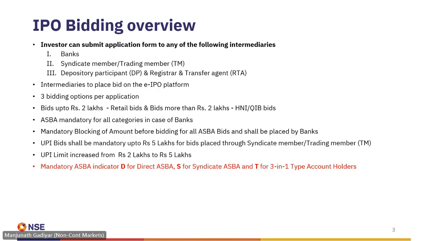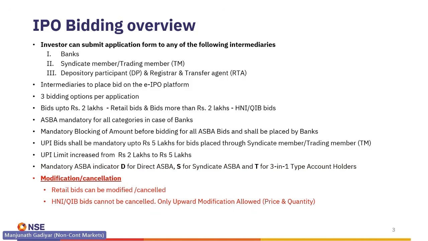It will be helpful for participants to see them over our portal, right, for the bids? That's right. Yes, please go ahead. So this is an indicator so that it becomes easier to identify the ASBA block reference number. D is for direct ASBA, S is for syndicate ASBA, and T is for 3-in-1 type holders.